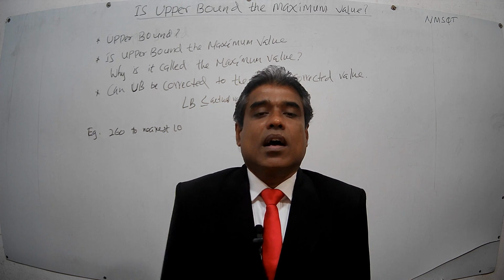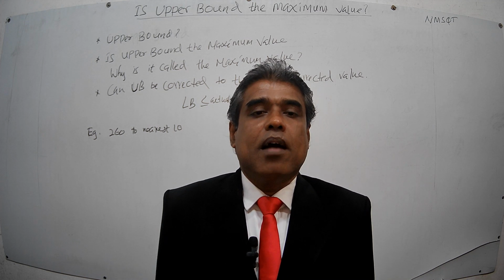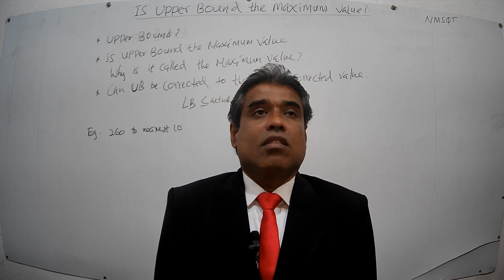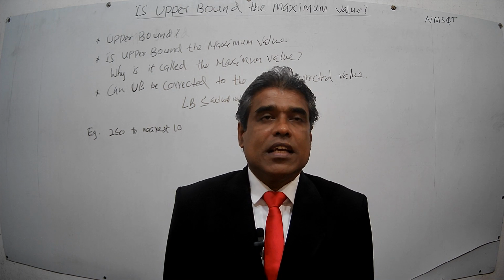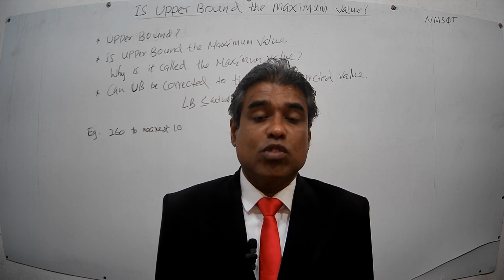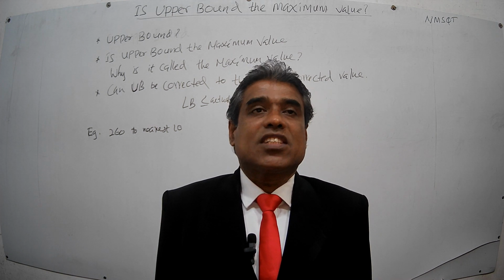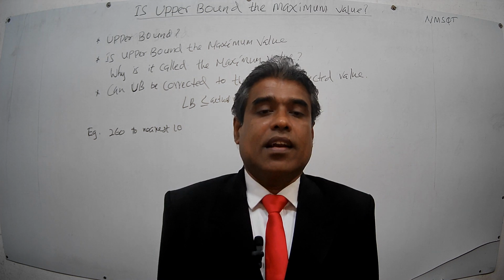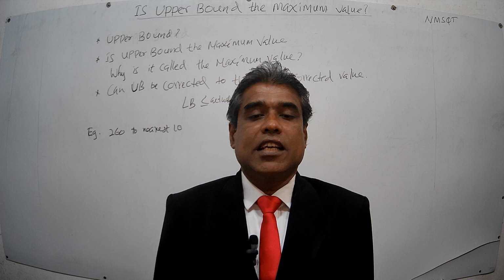Right now, upper bound. In that video, we defined upper bound as the maximum value that can be rounded to the given corrected value. But here there is a problem.